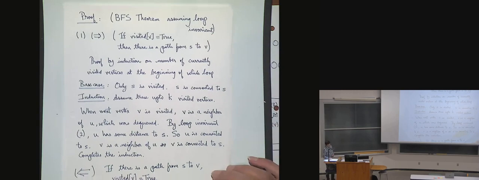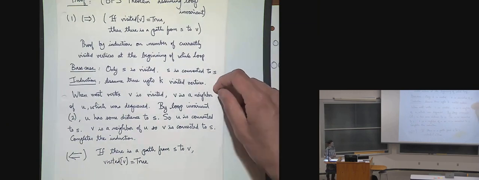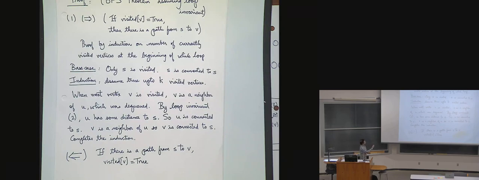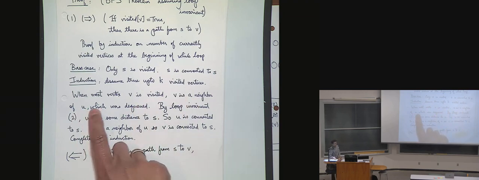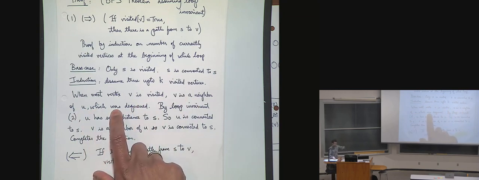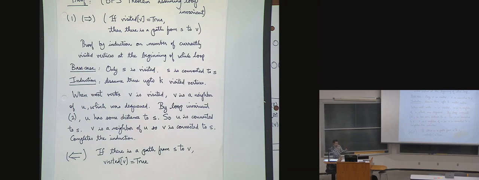Now, what is the induction? It says, assume true up to k visited vertices. So when the next vertex V is visited, V is a neighbor of U, which was DQ'd. Because you remove something from the queue and then you visit V. Now, let's look at the loop invariant.